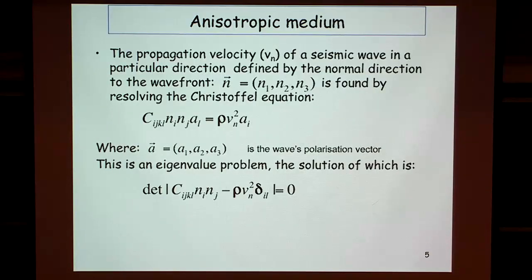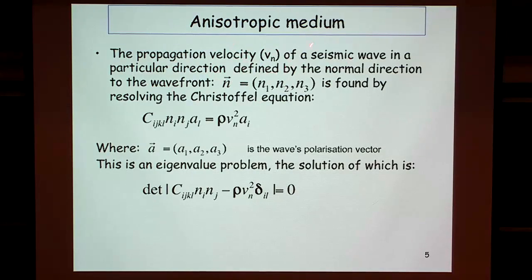So just the other question you might have is, how do we go from the elastic tensor to actually velocities? You can show that there is a relationship which gives you the velocity of propagation of a seismic wave in a particular direction, defined by the normal direction to the wavefront.